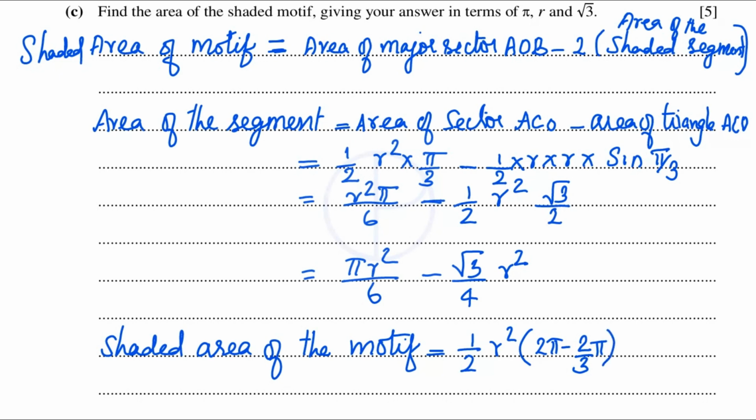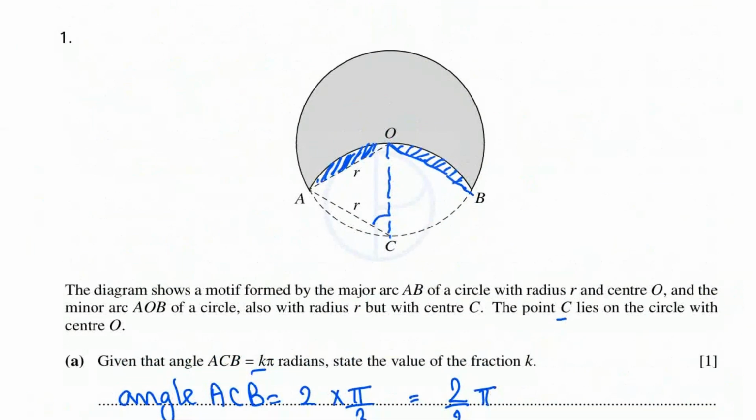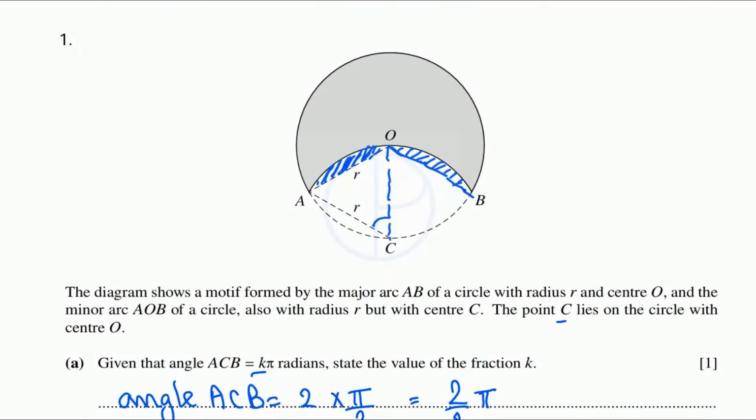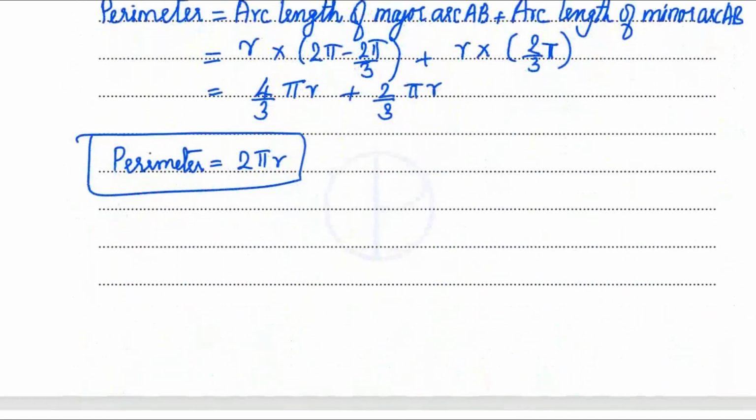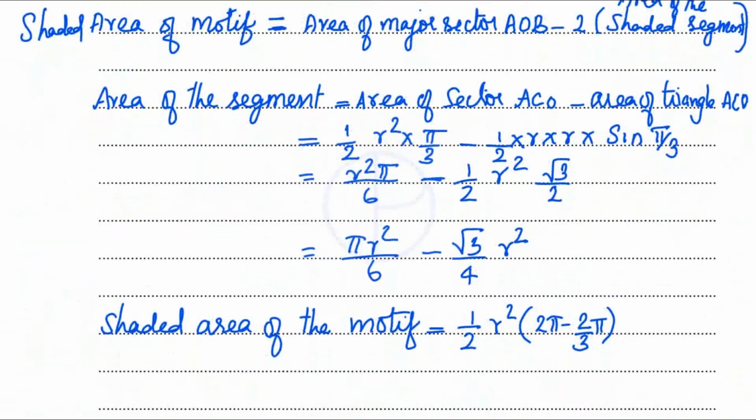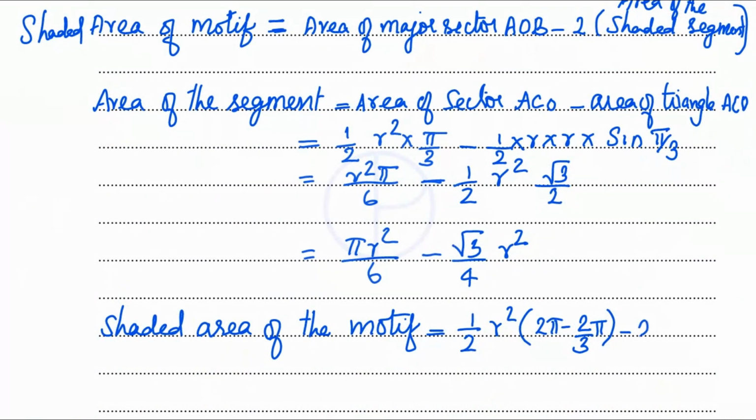From that we need to subtract the segment, this shaded segment. So we need to subtract two shaded segments. So 2 times pi r squared by 6 minus square root of 3 divided by 4 r squared.